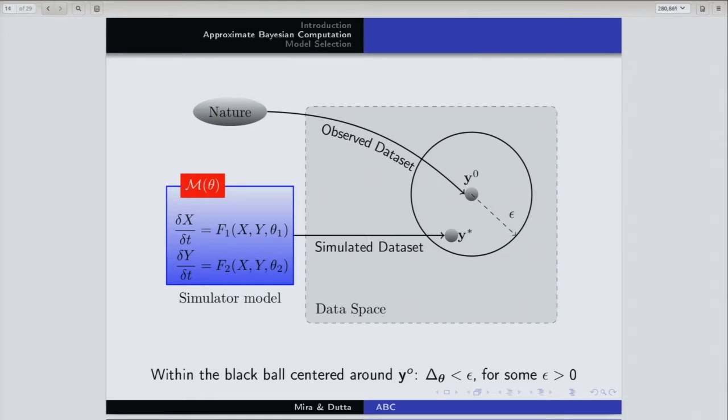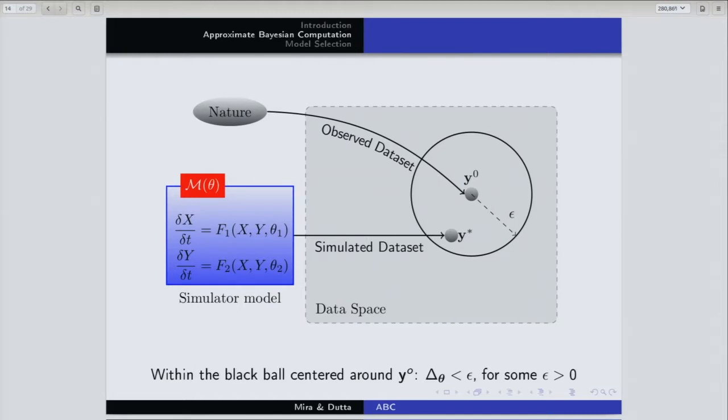So forget about MLE, forget about the standard posterior or Bayesian analysis. But the model is a simulator model, which allows us to forward generate, given some value of theta and given a computer, some pseudo data. So we do this forward simulation very, very many times for different values of theta.